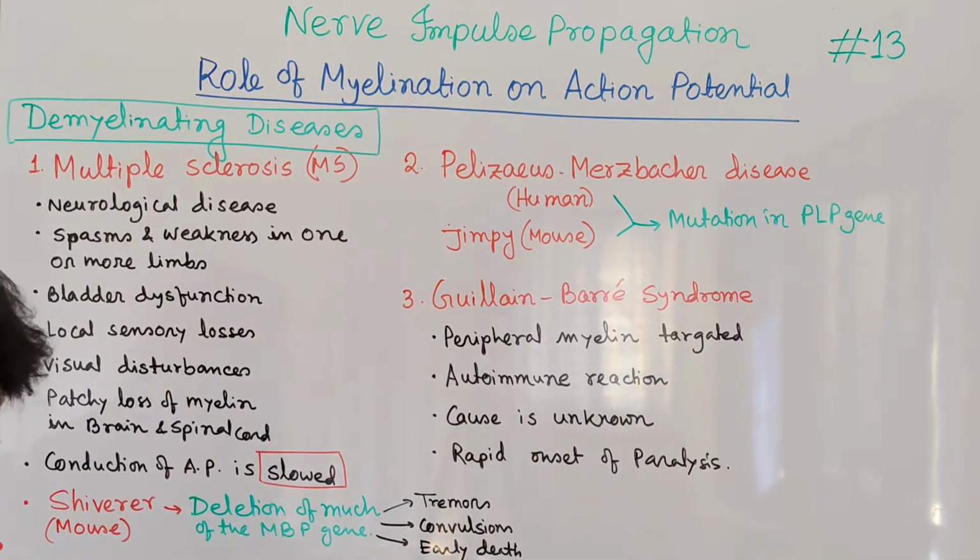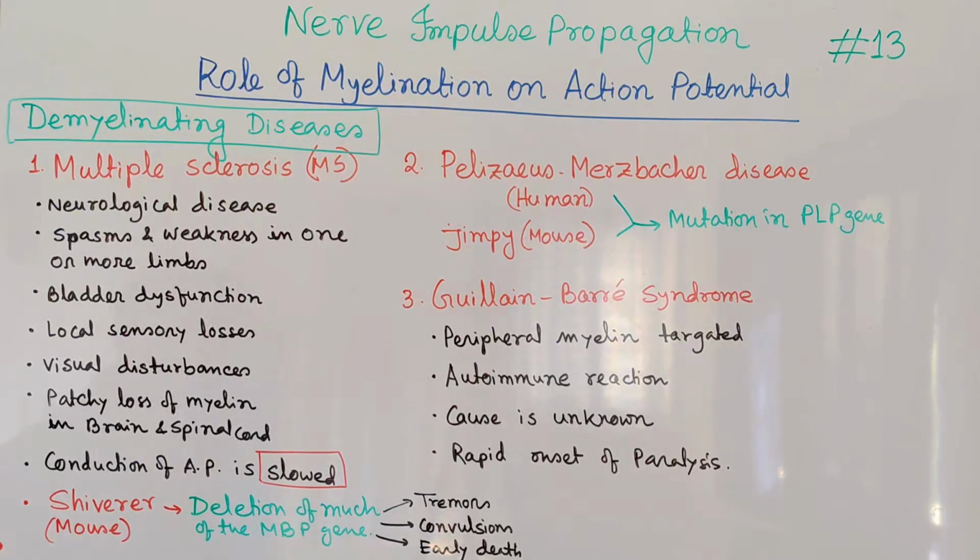This disease is basically characterized by spasms and weakness in one or more limbs, also bladder dysfunction, local sensory losses, and visual disturbances. All these symptoms occur due to the patchy loss of myelin in the brain and spinal cord, basically the neurons present in the brain and spinal cord.